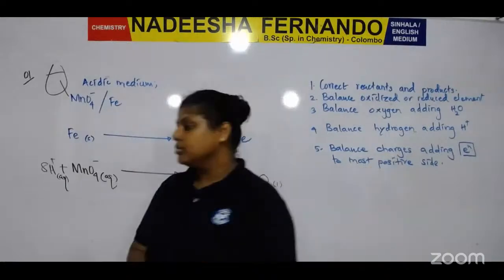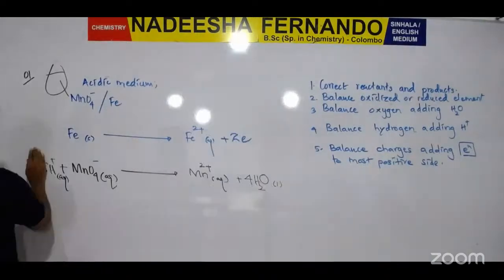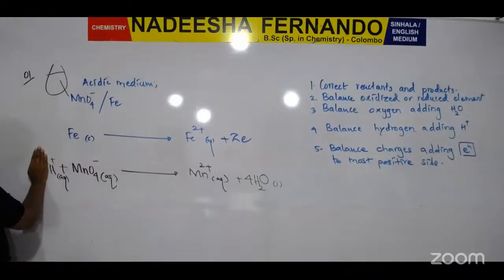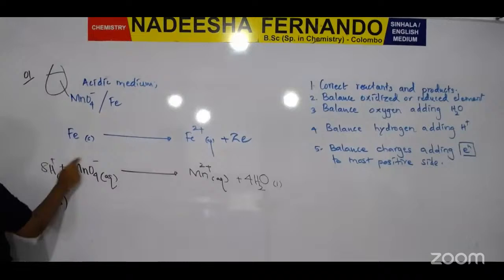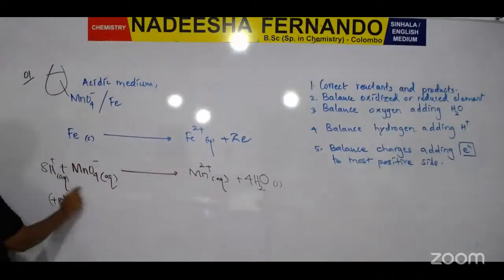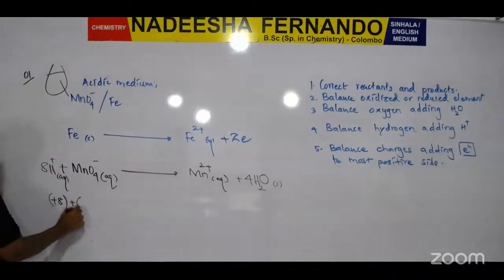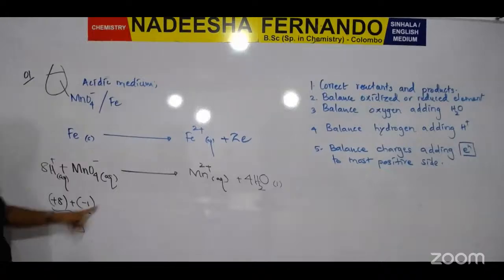Here there are H pluses, each with charge plus 1. The overall charge here is -1. Plus 8 minus 1 is +7. So this side has +7 charge.